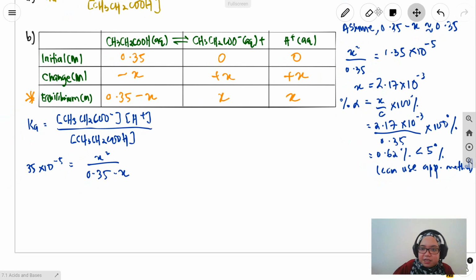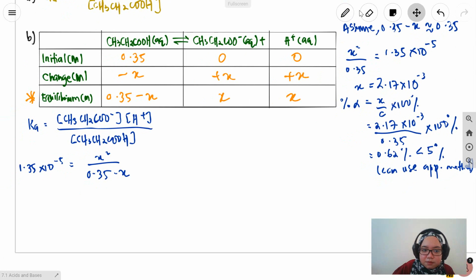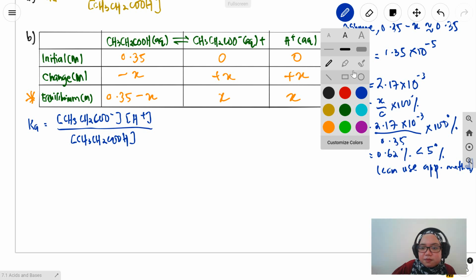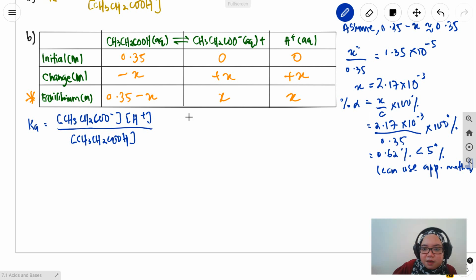So, we know that now. So, kita boleh padam yang ini. Okay. So, we know that now X is actually equals to 2.17 times 10 negative 3, which is actually equals to concentration of H plus.